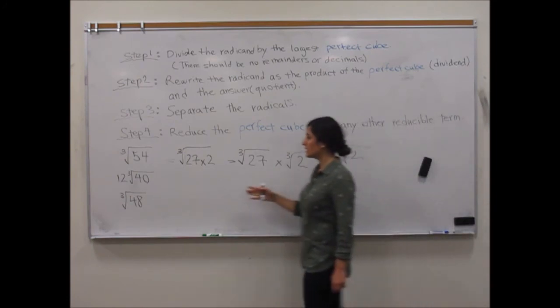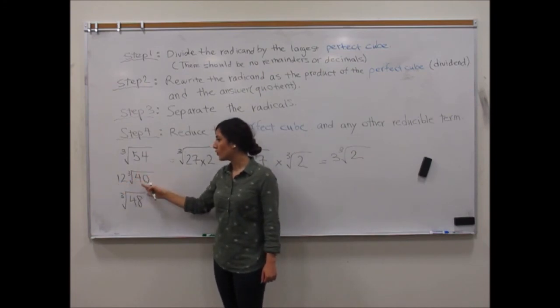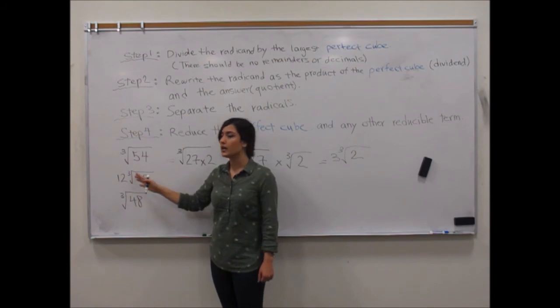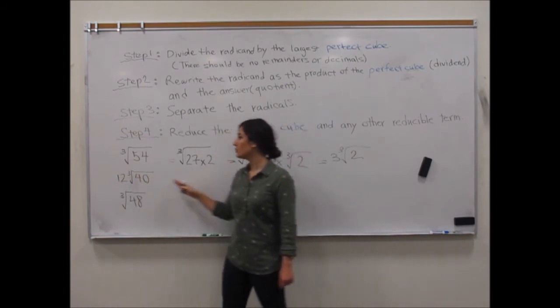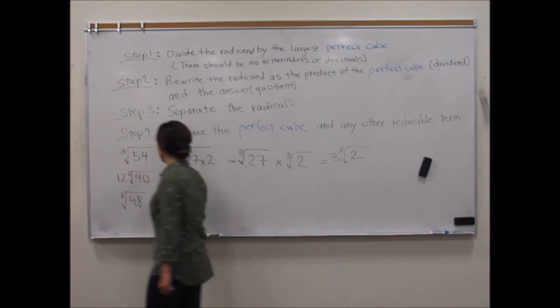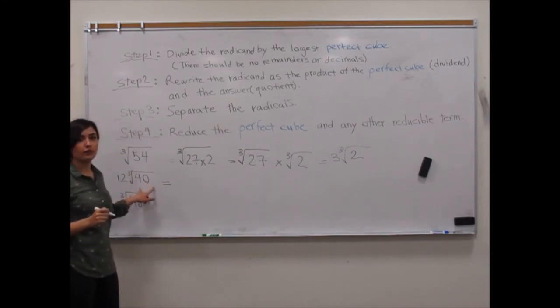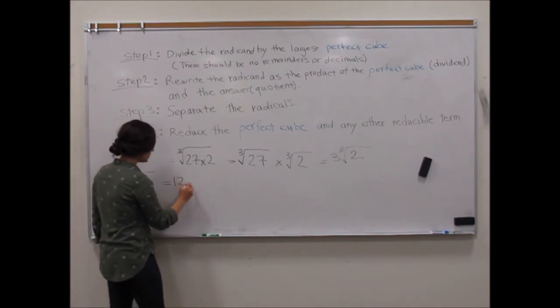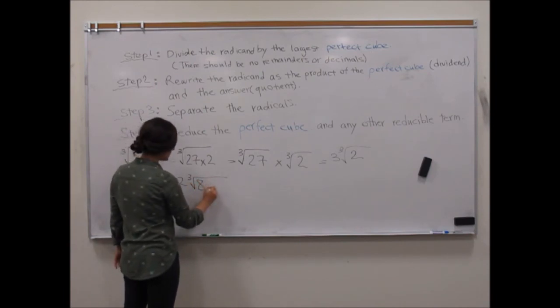And in the next example, I have 12 times cube root of 40. Notice that this 12 is outside of the radical, and whatever leaves the radical multiplies whatever is already outside the radical. So I'm going to keep the 12 for now. And I know that I can divide 40 by 8, which is a perfect cube, and I get 5. So it's 12 times the cube root of 8 times 5.